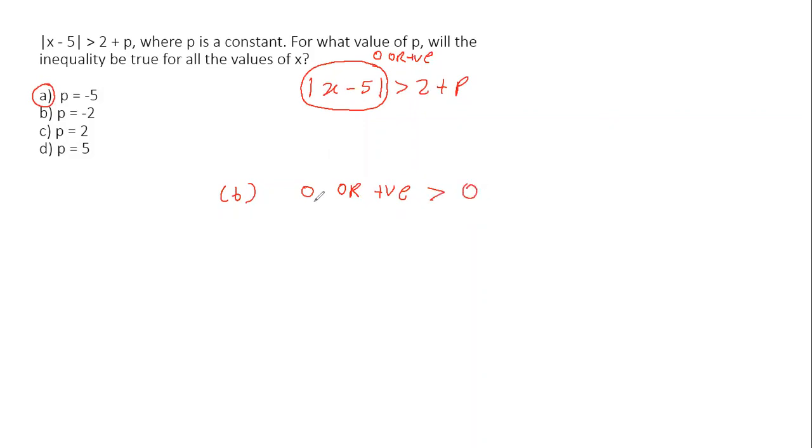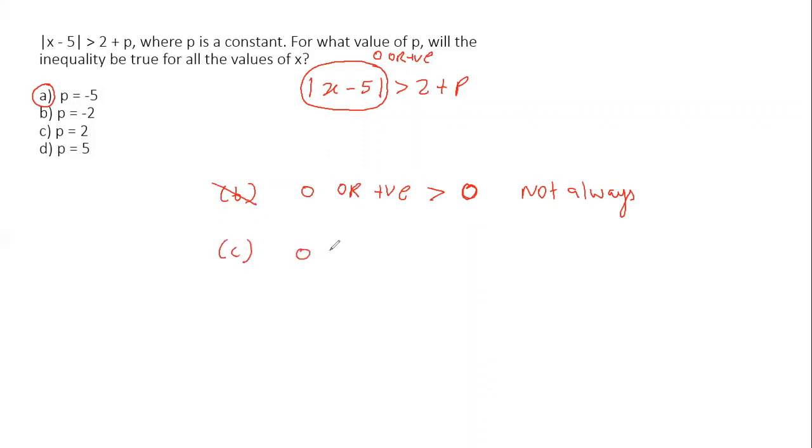So is this inequality always true? Not always, because the left hand side could be 0 or it could be anything positive. If it's positive, this will hold true, but if the left hand side is 0, it will not hold true. So not always. That's why option B is not correct.